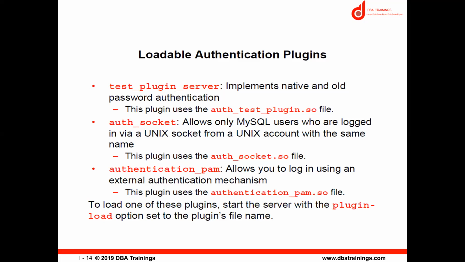But in this case, it only supports a Linux username that matches their MySQL account, like root, or maybe any OS-level user you have created and then given authentication on the SQL server also. Next one, we have the PAM authentication plugin, authentication_pam. This is used if you are using the enterprise edition plugin. In that case, it will work for the external authentication mechanism.